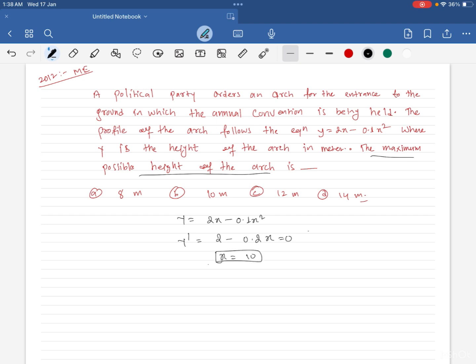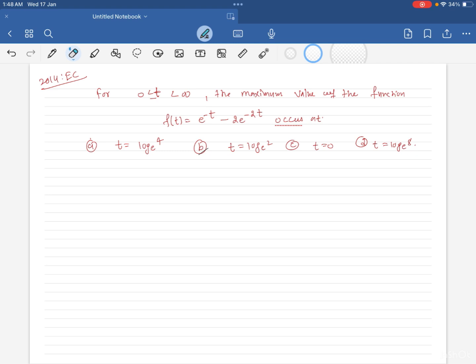Now find the double derivative, that is going to be minus 0.2, which is less than 0, so that means this point x is equal to 10 is the point of maxima. We can put this into our function, so that would be 2 into 10 minus 0.1 into 100, so 20 minus 10, so 10 is the maximum possible height of the arc.